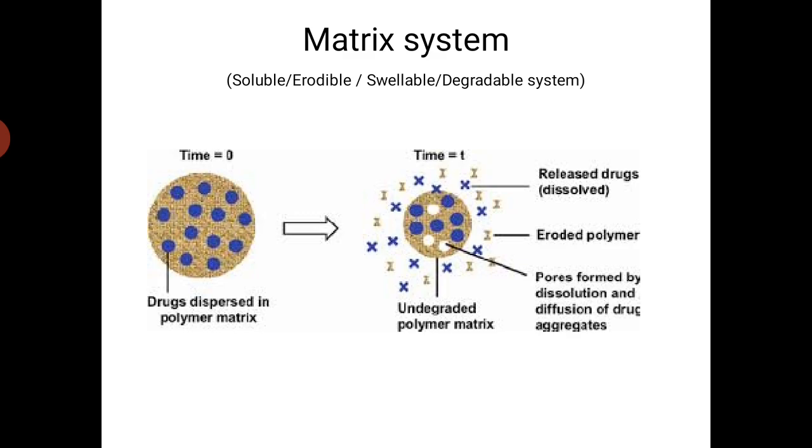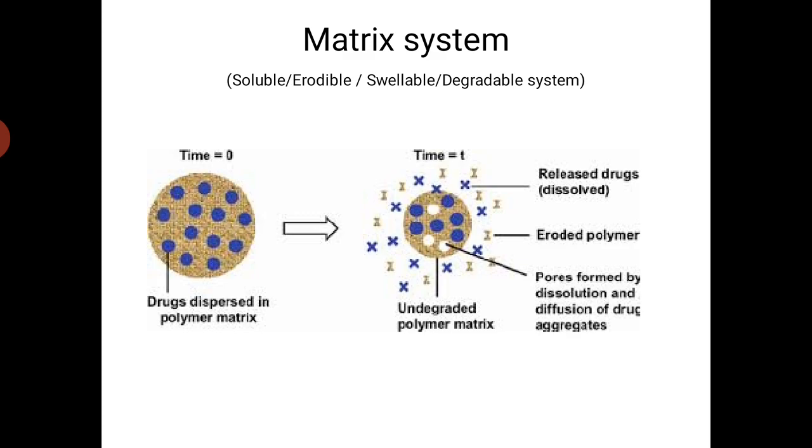Now, after a particular period of time, slowly the drug molecule releases out of the matrix system. Slowly the polymer also erodes out of the matrix system, and it is a very slow process. As time goes, slowly the drug molecule is released out of the delivery system.